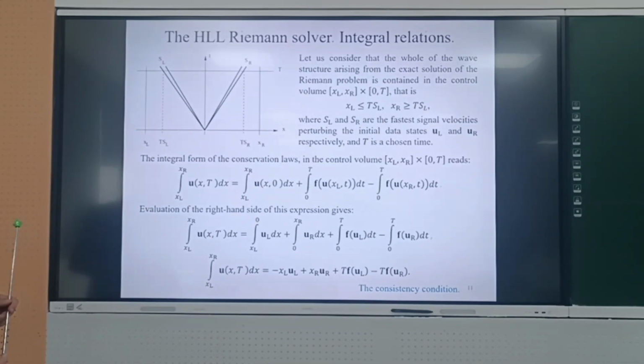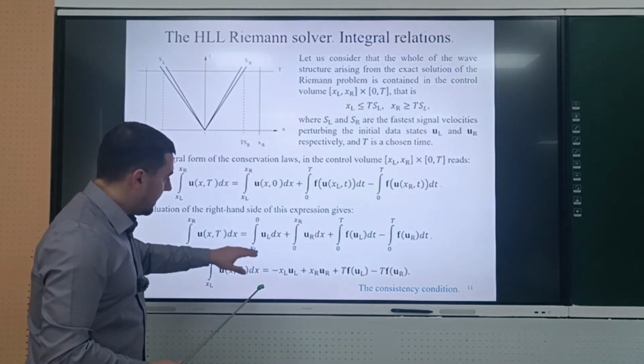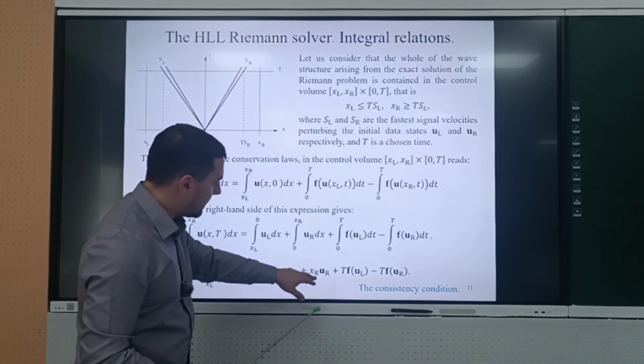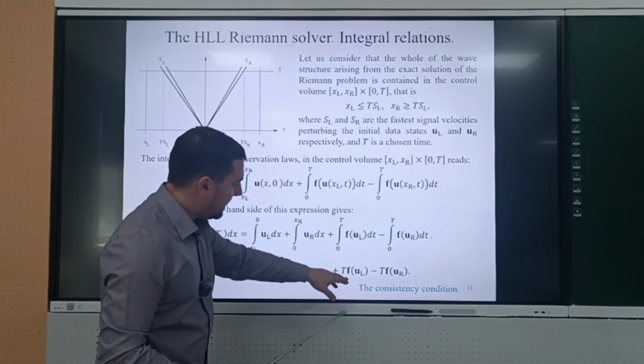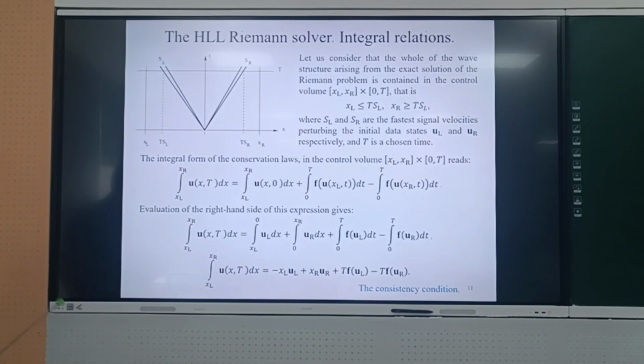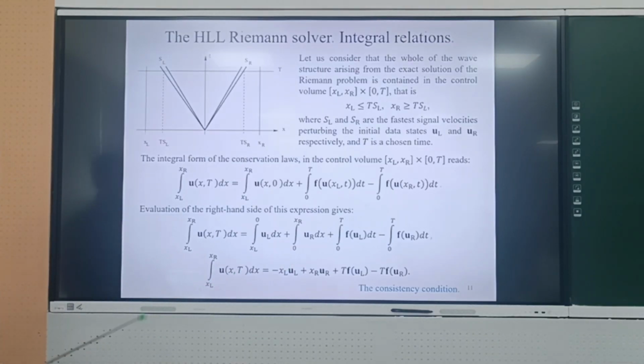All these parameters are constants. That is why this integral equals minus XL UL plus XR UR plus T F(UL) minus T F(UR). This condition is called the consistency condition. I will explain later why it is called that.